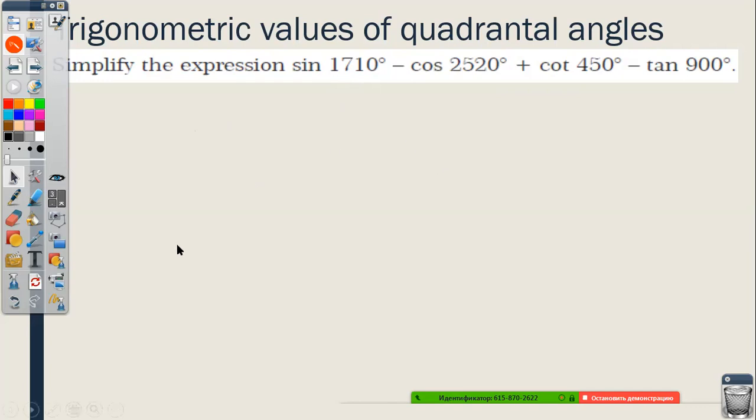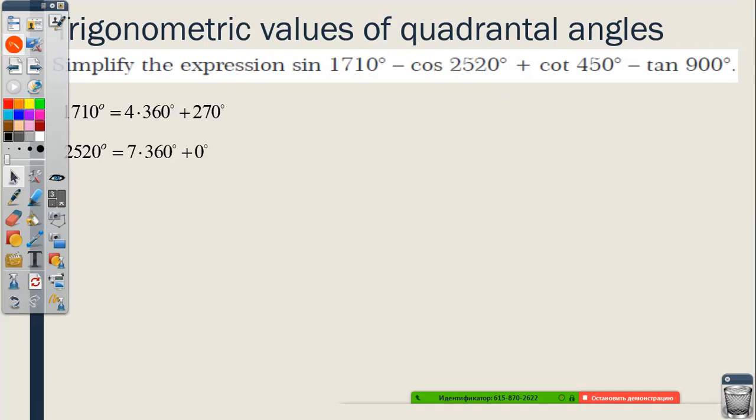Now I will write here shortly. So 1710 degrees, it's 4 times 360 plus 270. So it means sine 1710 degrees is equal to sine 270. Next one is 7 times 360 plus 0.